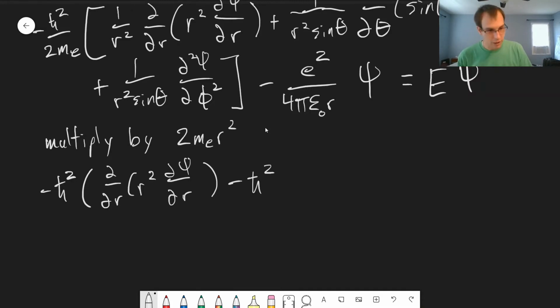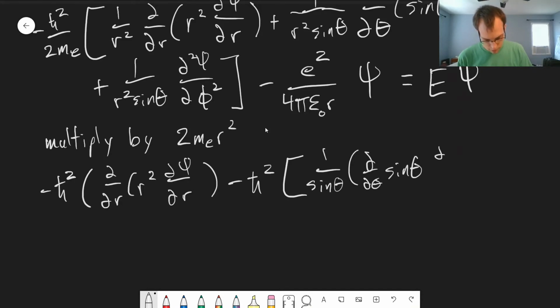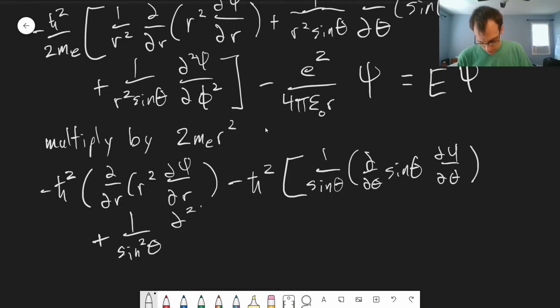We also have negative h bar squared, and then we'll end up with all the angular parts, 1 over sine theta, d d theta, sine theta, d psi d theta, going to continue on the next line, plus 1 over sine squared theta, second derivative of psi with respect to phi.